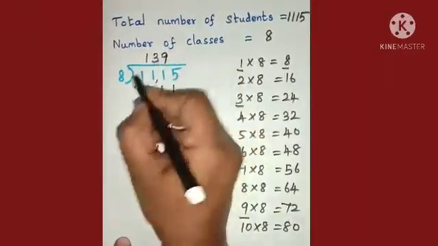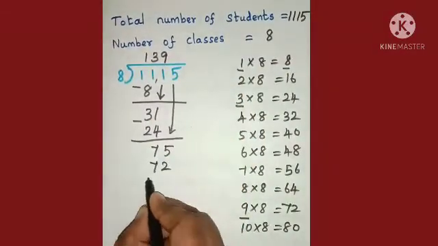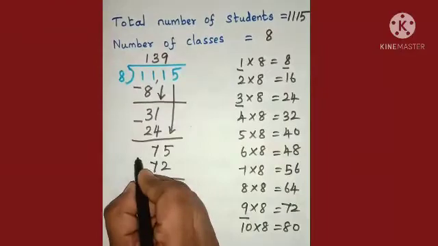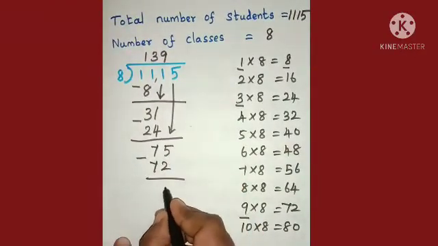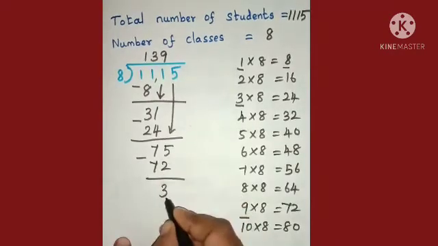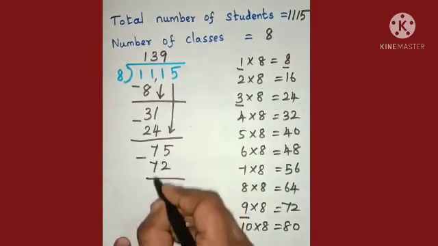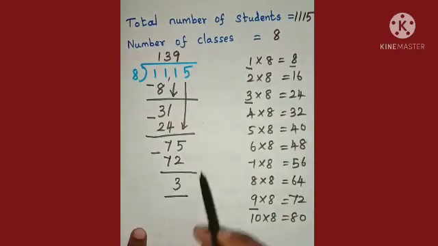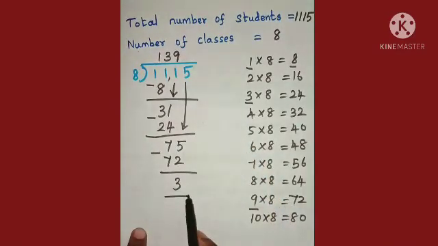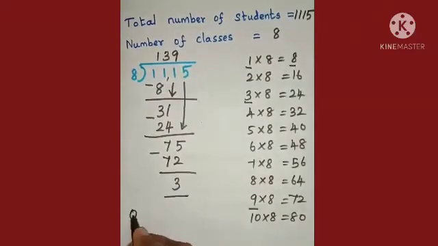So 9 8s are 72. As our next step, we have to take the difference. 75 minus 72 is 3. 5 minus 2 is 3. 7 minus 7 is 0. Children, there is no digit after the number 5. So stop here. Write down the quotient.